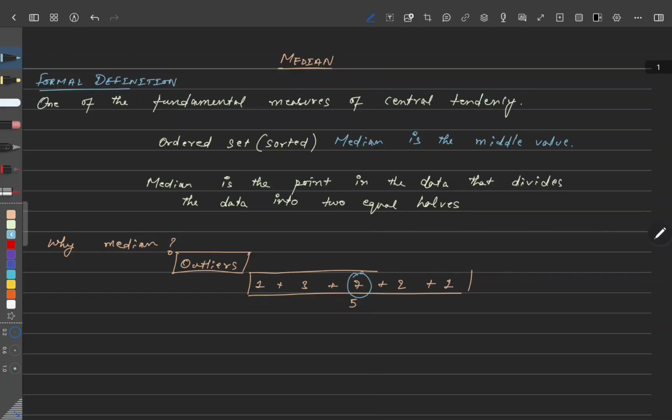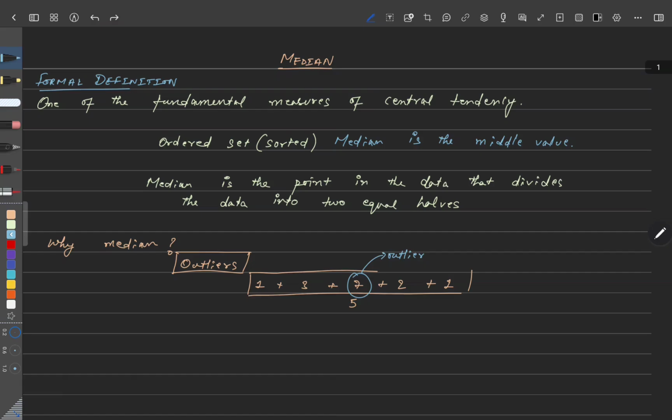So 7 is an outlier, right? In case of median, the median doesn't get affected by the outliers, because median being the middle value in an ordered set, it doesn't get affected by a very small or a very large number in the set.